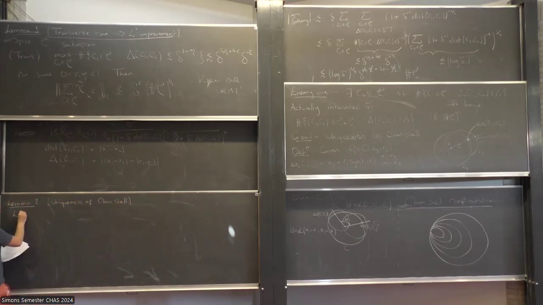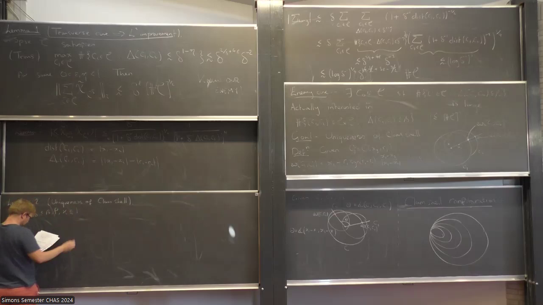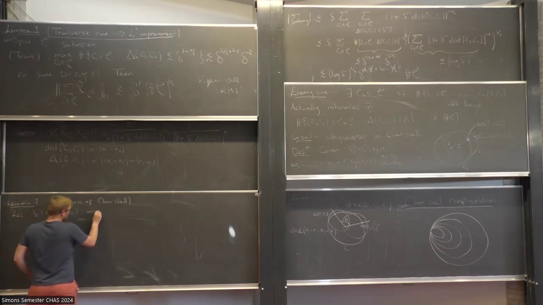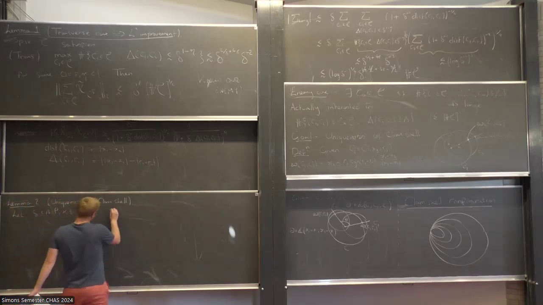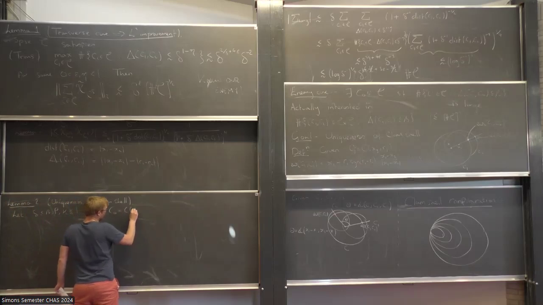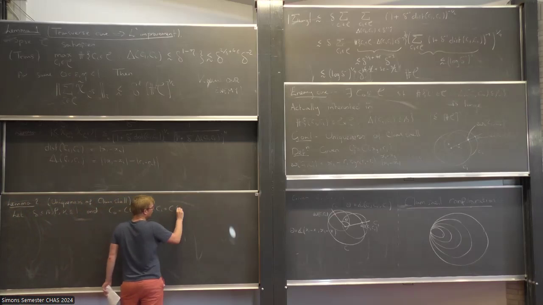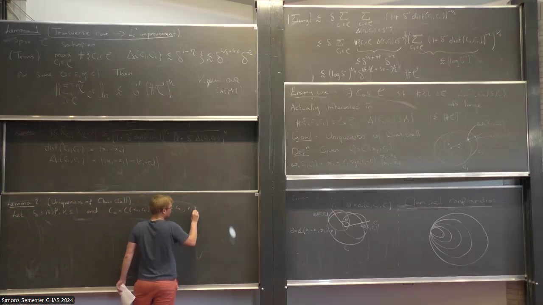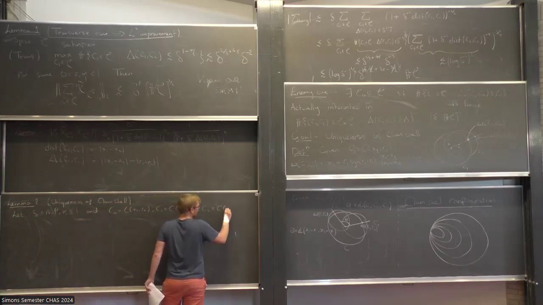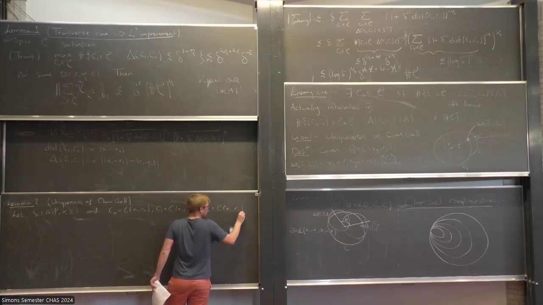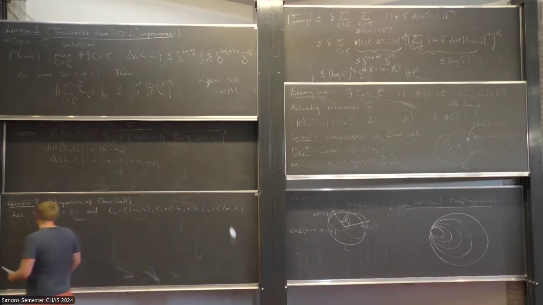We're going to have a bunch of parameters, beta, rho, and kappa, and I'm going to have three circles: C0, C1, and C2. I'm going to suppose that they satisfy the following.